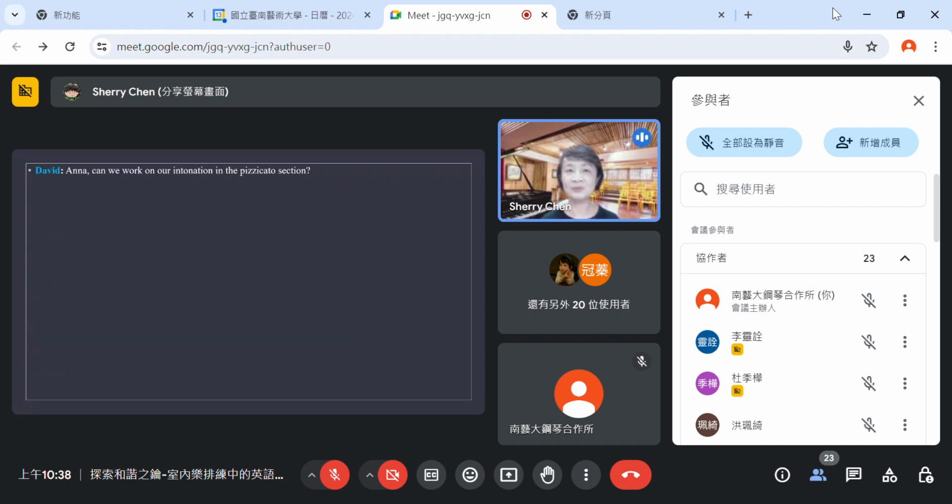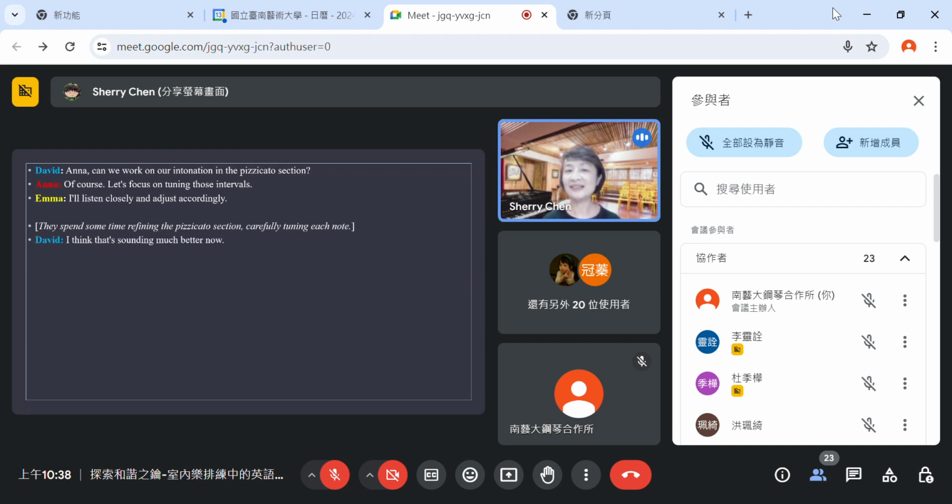David says, Anna, can we work on our intonation in the pizzicato section? Of course, let's focus on tuning those intervals. 所以 violin 跟 cello 他们都有 pizzicato 都有拨弦哦。Emma says, I'll listen closely and adjust accordingly. They spend some time refining the pizzicato section, carefully tuning each note.